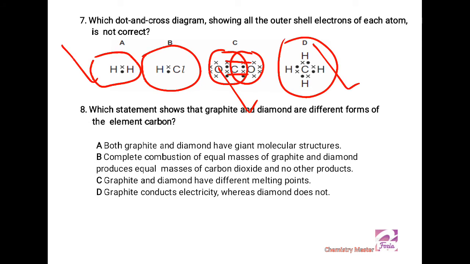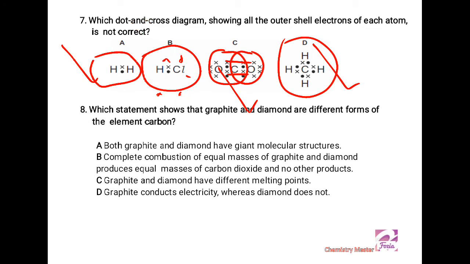It has 8 electrons to achieve, and it belongs to group 7A. So 7 electrons are already present in chlorine, and it is sharing 1 more. So B is the wrong one.